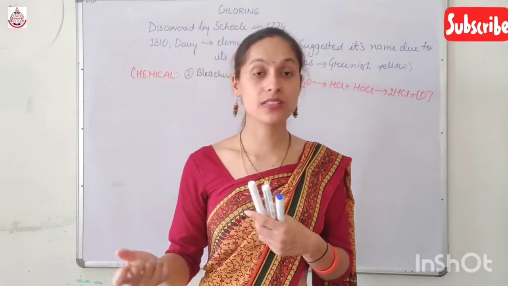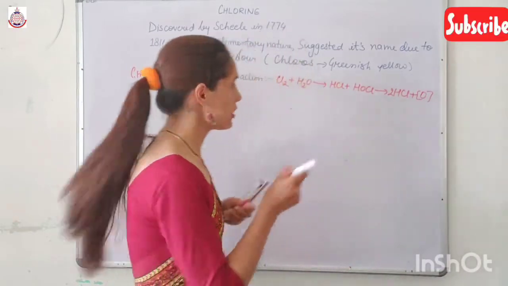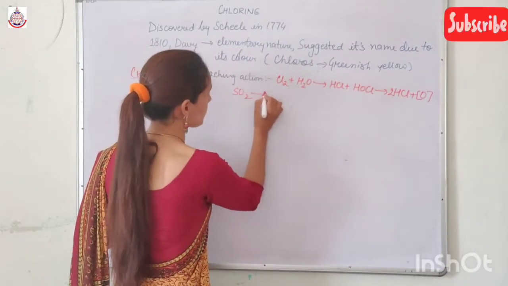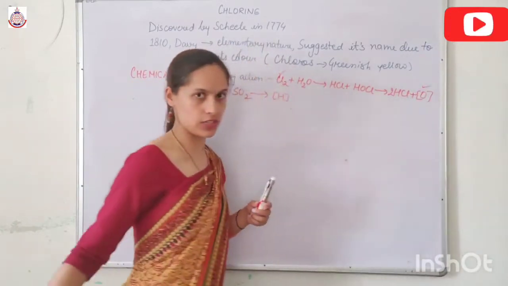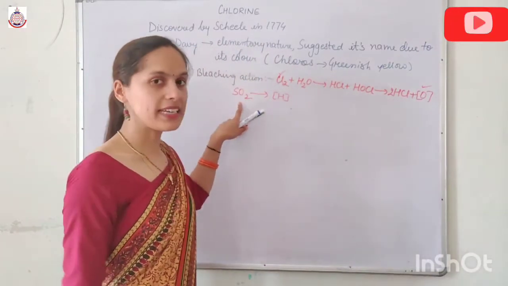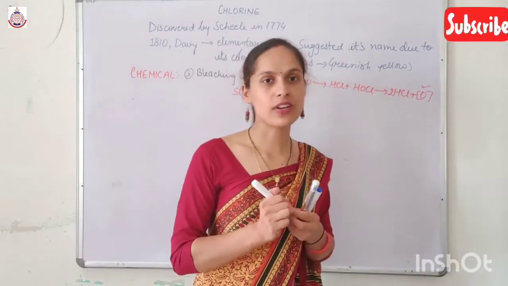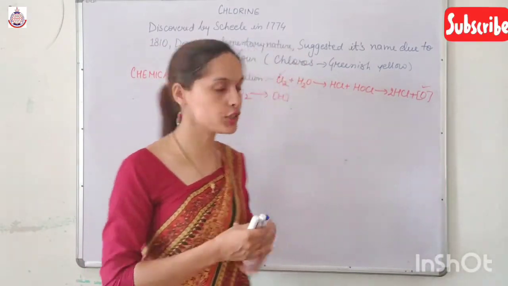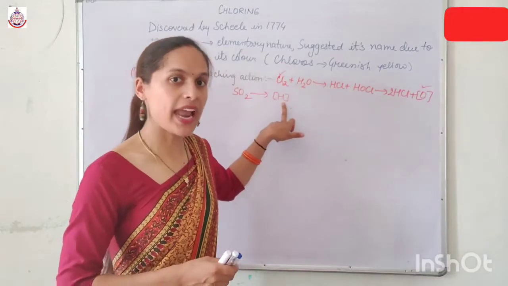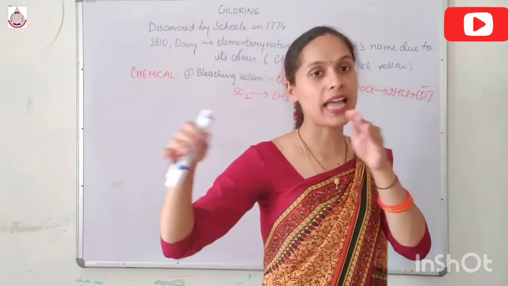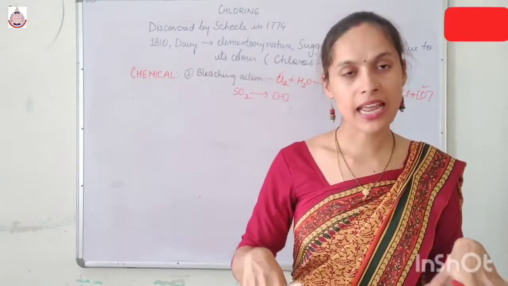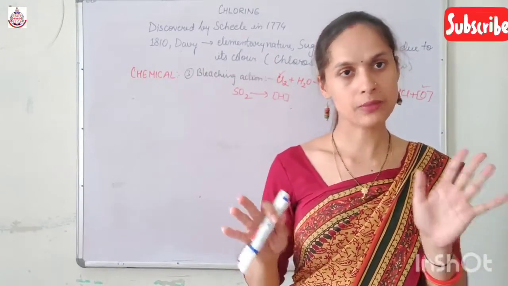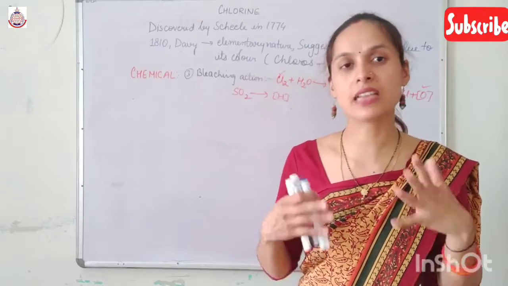If we perform the bleaching action through SO2, the substance loses its color due to reduction, because sulfur dioxide gives nascent hydrogen, whereas chlorine gives nascent oxygen. So when we react any colorful material with sulfur dioxide, it loses its color due to reduction, and as soon as we keep that substance in the air, it gets oxidized again and becomes colorful, means it regains its color.